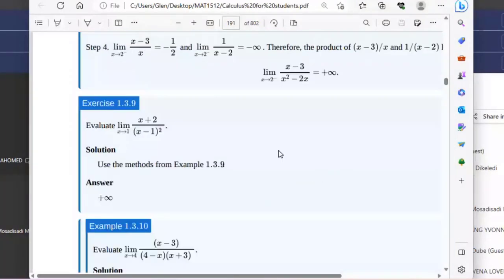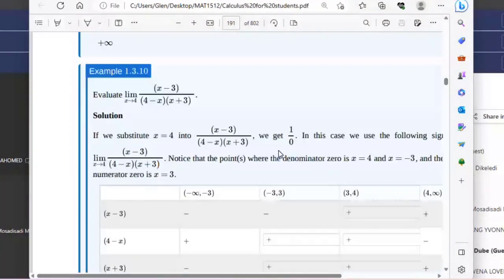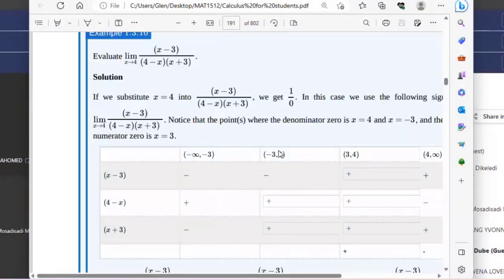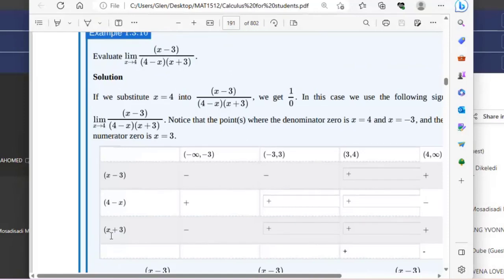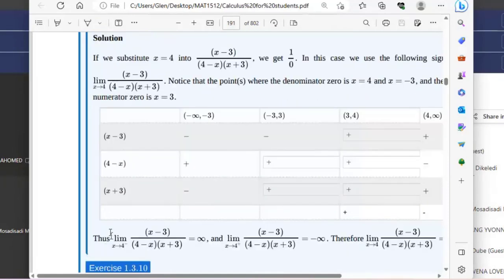So that means, now let me go. Here is where we were. We're given that expression, x approaching 4. But when x approaches 4 from the left, we got positive infinity.